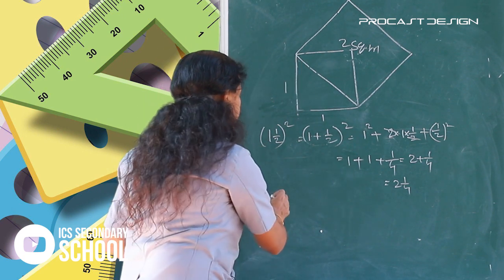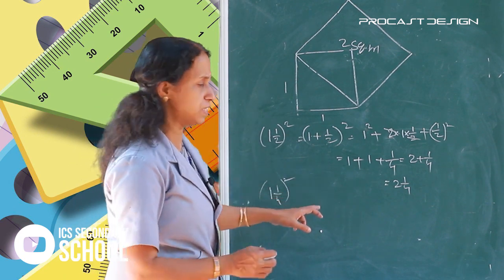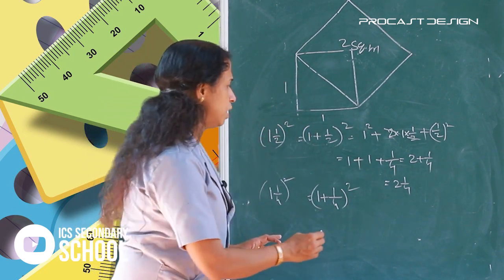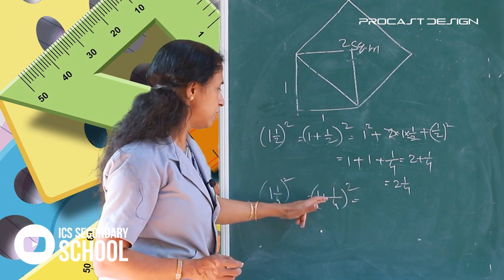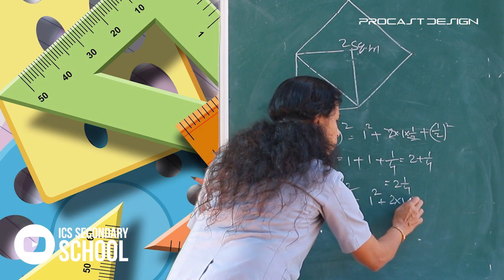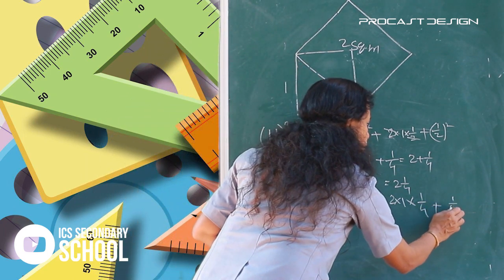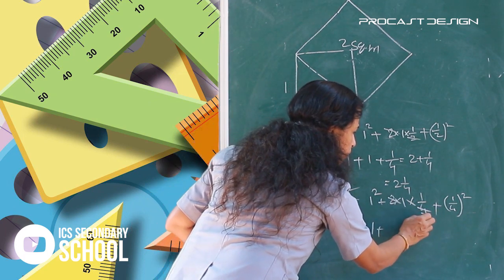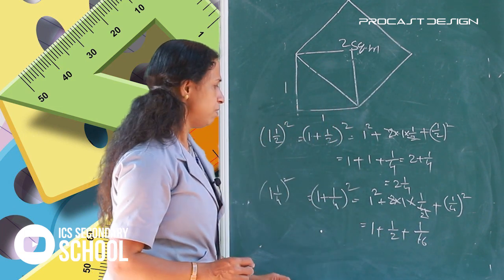So, if we take 1 by 4, the square of this is (1 + 1/4) squared, which is a squared plus 2ab plus b squared, equal to 1 squared plus 2 into 1 into 1 by 4 plus (1 by 4) squared. That is 1 plus 1 by 2 plus 1 by 16.